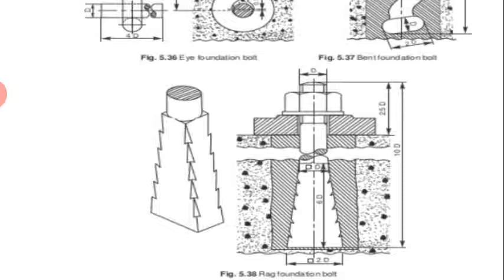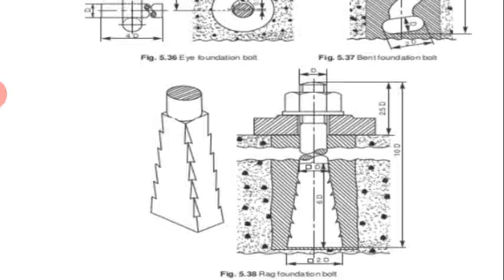So after that you have to draw a hexagonal nut and a plate within that 25D region. Then draw the extended threaded part, which is permanently merged inside the cemented base or foundation.